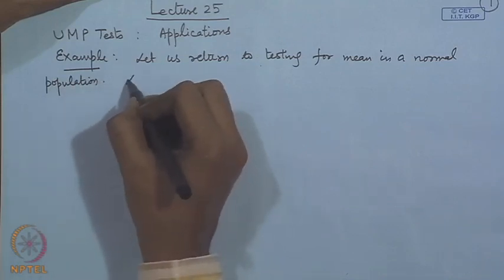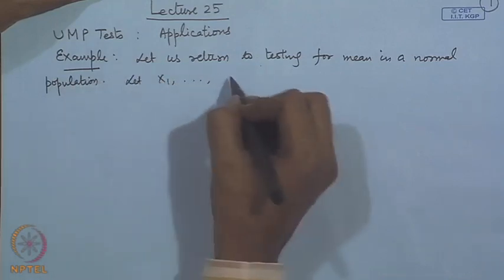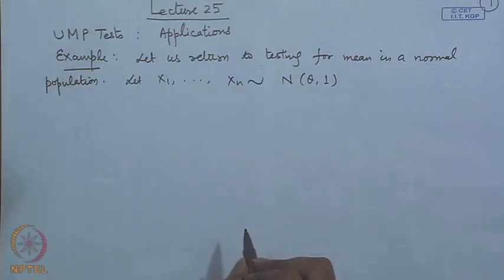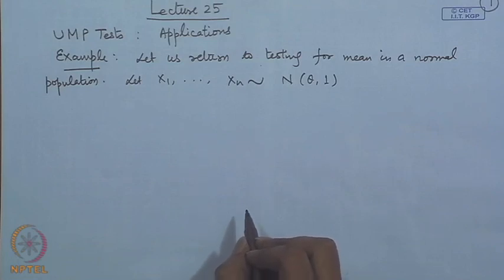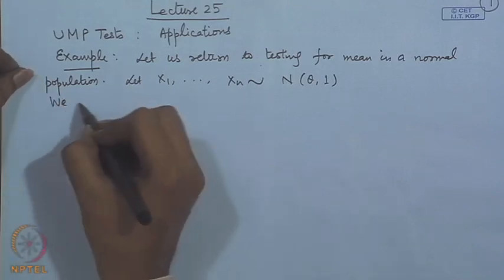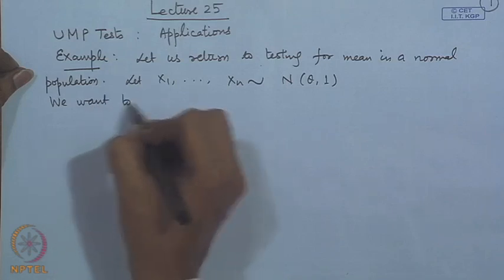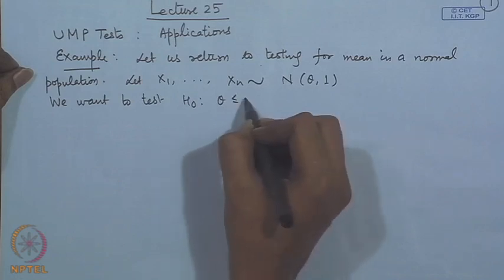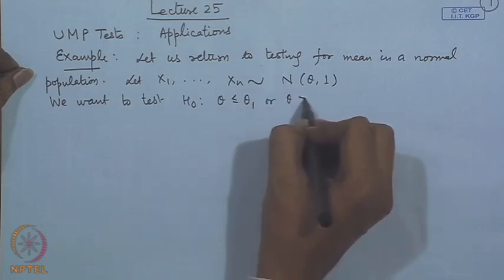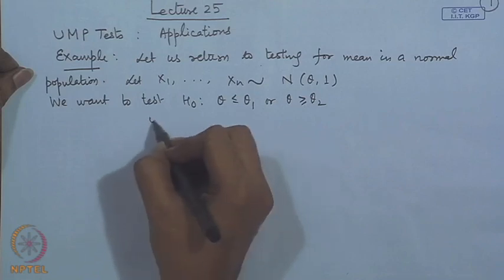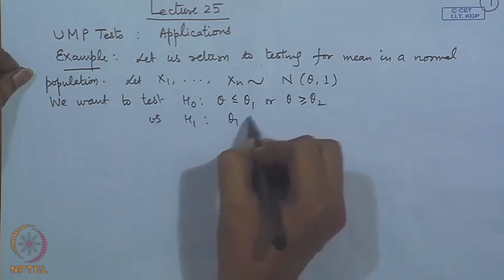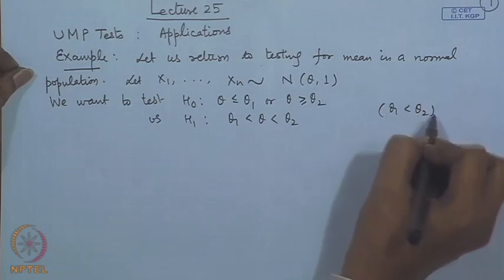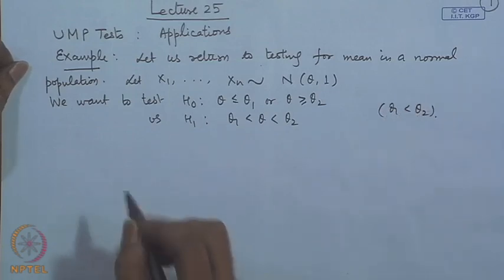That means we have the setup that x 1, x 2, ..., x n is a random sample from a normal theta 1 distribution, and we want to test H naught: theta less than or equal to theta 1 or theta greater than or equal to theta 2, against H 1: theta 1 less than theta less than theta 2. Here of course, we have assumed that theta 1 is less than theta 2.